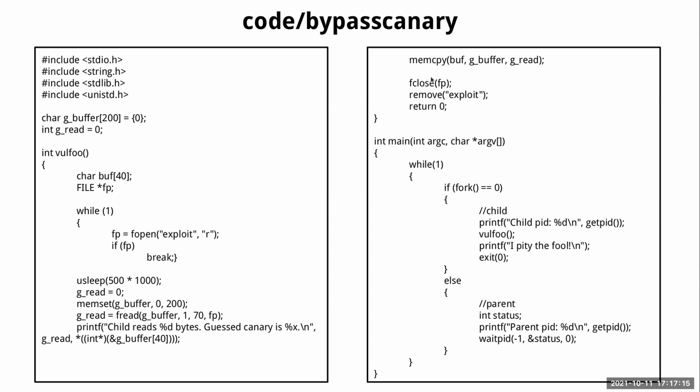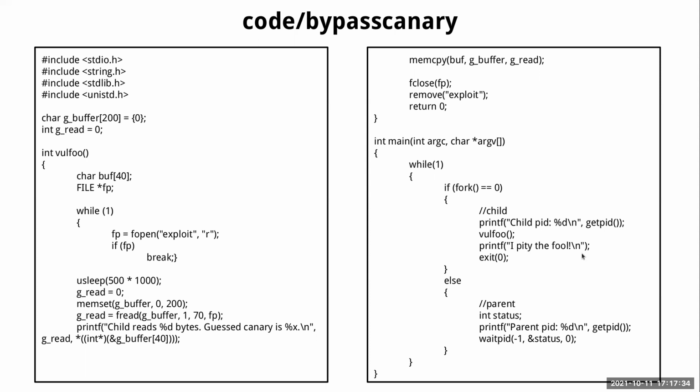Then it will just close the file, remove the exploit, and then return. So if your buffer overflow is not successful, this function will return normally, and it will print out "I pity the fool."